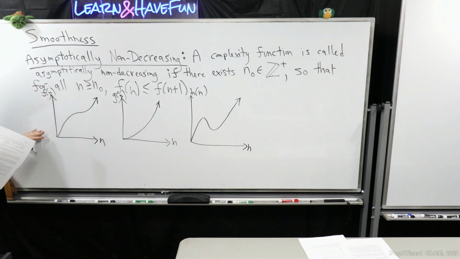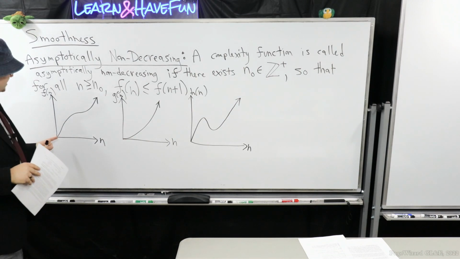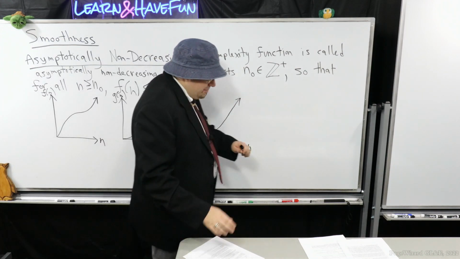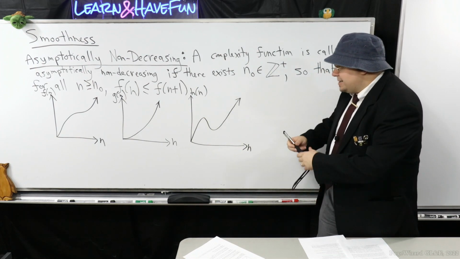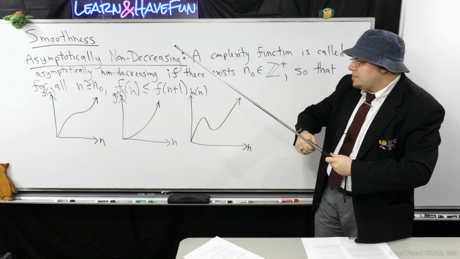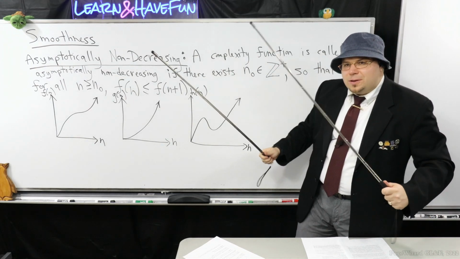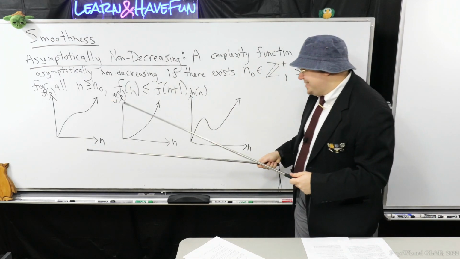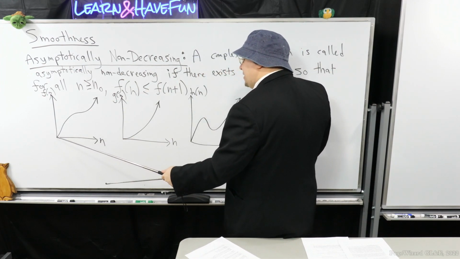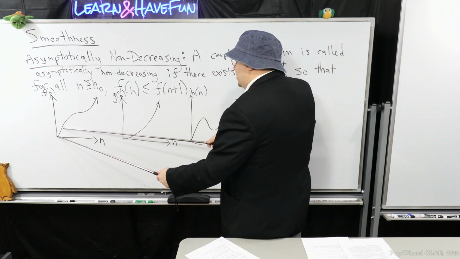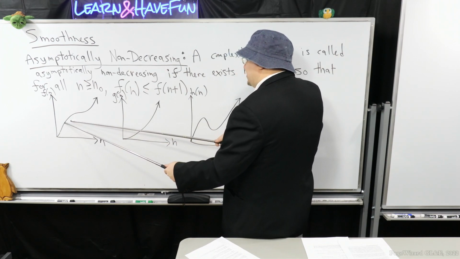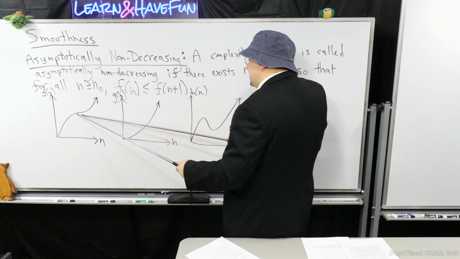So notice here that this function, as an example, is something we call a non-decreasing function. Notice that whenever I compare the function against the next input, it only goes up or becomes flat when I plot it out.